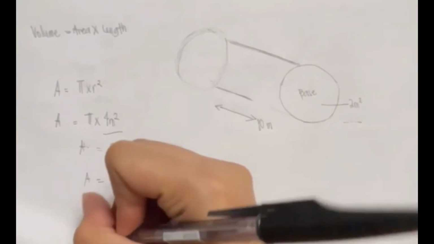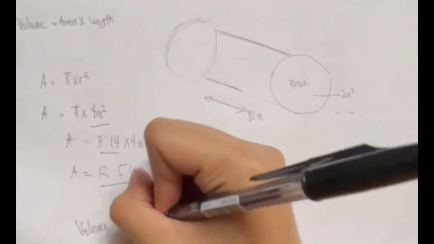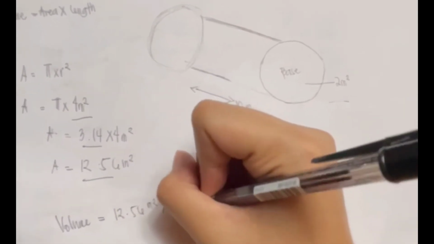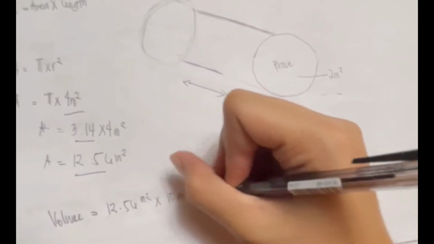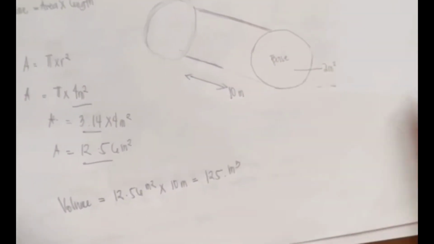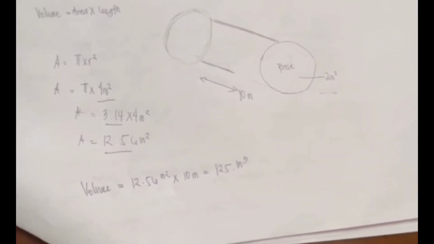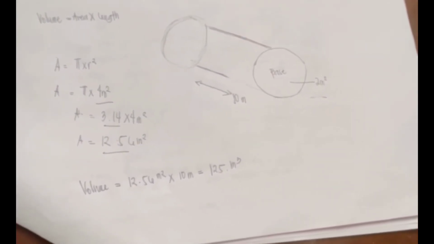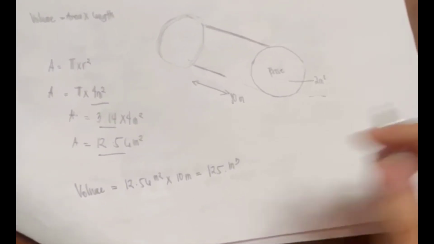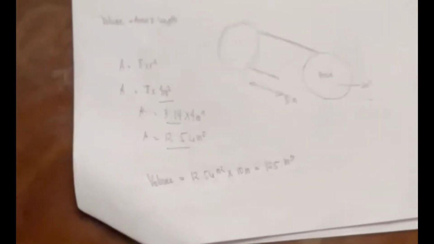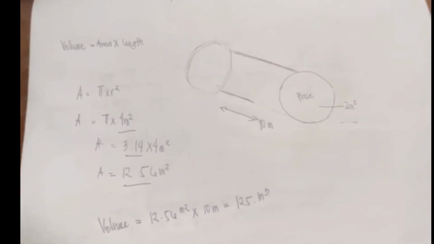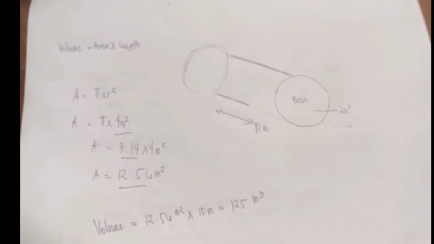So the volume is 10 meters times 12.56 meters squared, which will give us 125.6 meters cubed. So the volume of the cylinder is 125.6 cubic meters.